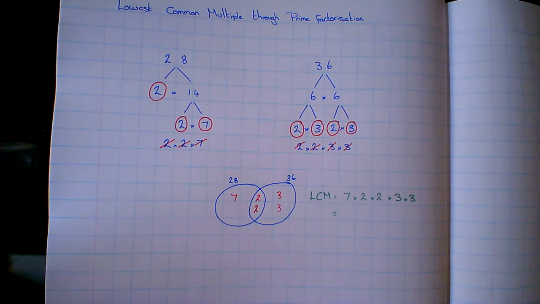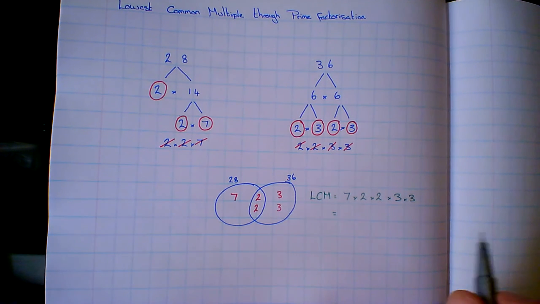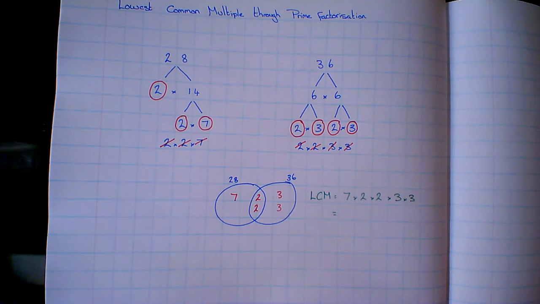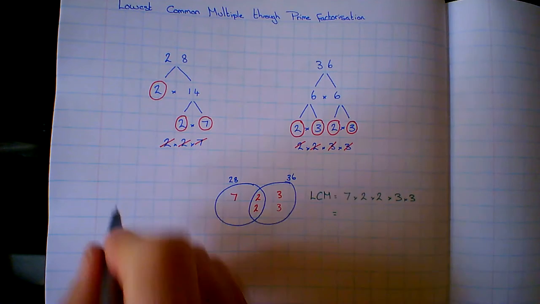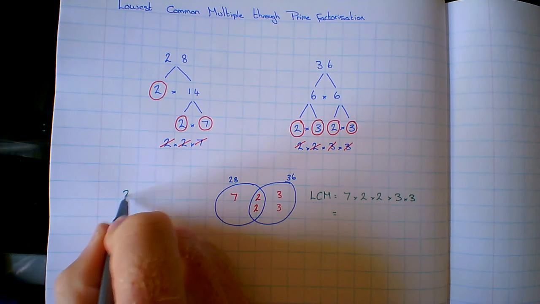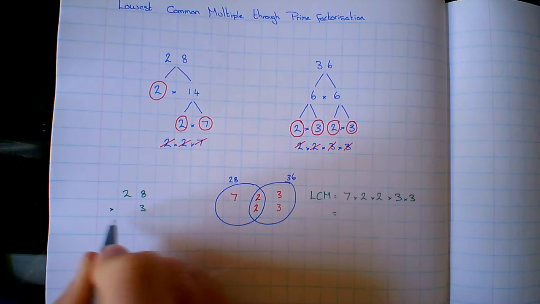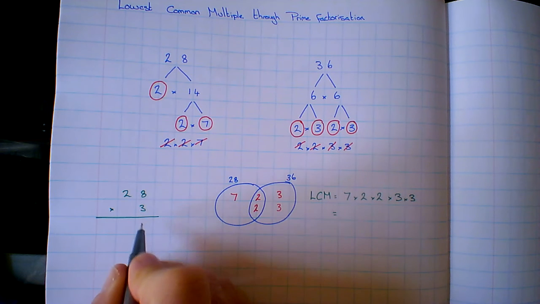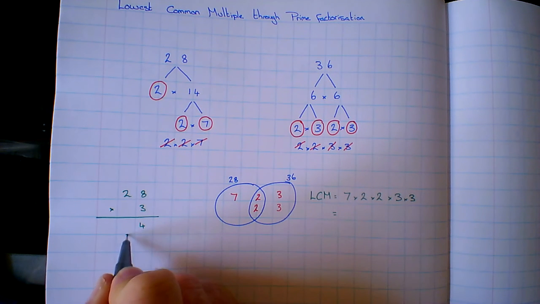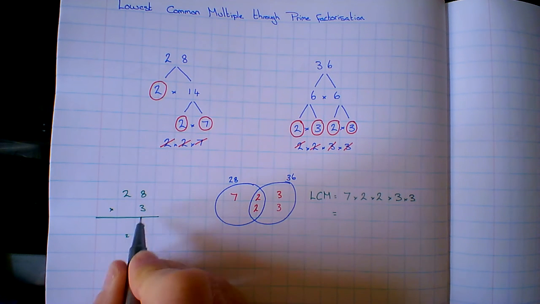So 28 times 3. Now you may need to do a little bit of maths off to the side, and that's what I would do over here. So I'm going to do 28 times 3. 3 times 8 is 24. 3 times 2 is 6, plus 2 is 84.